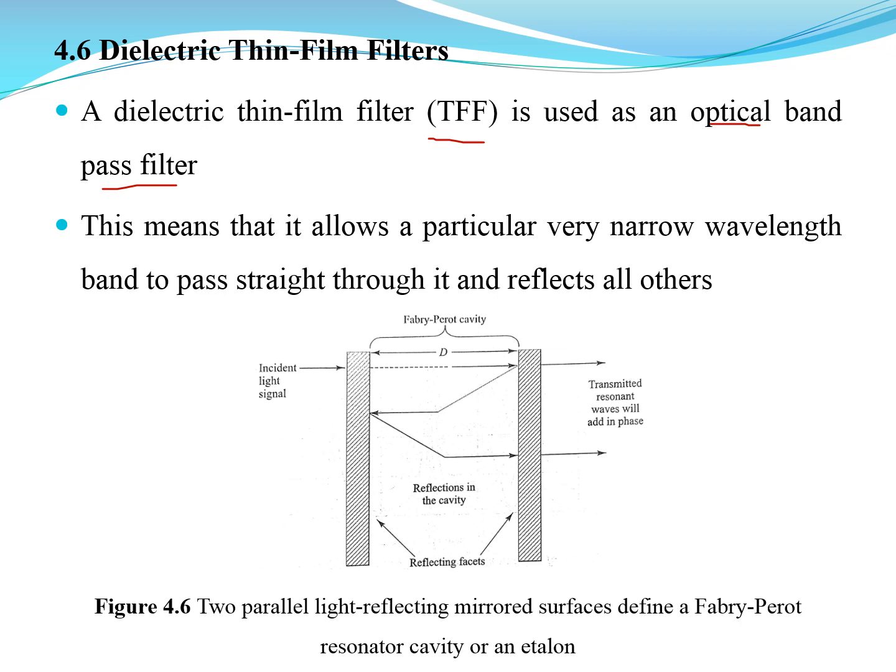Okay, so we see that the light is incident onto this material. These two are the reflecting facets of the dielectric thin film filter, and this cavity is termed a Fabry-Perot cavity. The distance of separation between these two reflecting facets is d, and the reflections happen within the cavity, and the transmitted waves will add in phase with the reflections in the Fabry-Perot cavity.